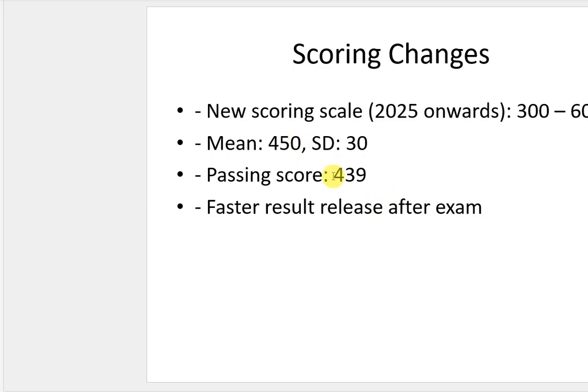You have to score at least 439, and in order to match into the Canadian residency matching services, or to apply for the match, you need to score more than 460, at least more than the passing score. Your score should be good enough in order to excel in this exam.